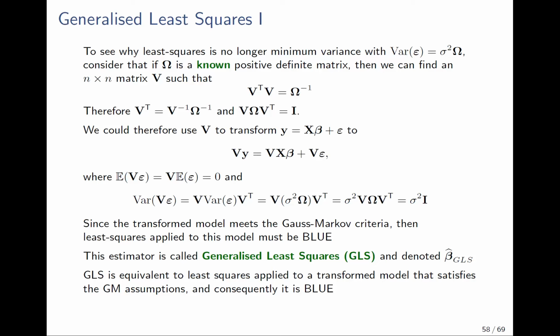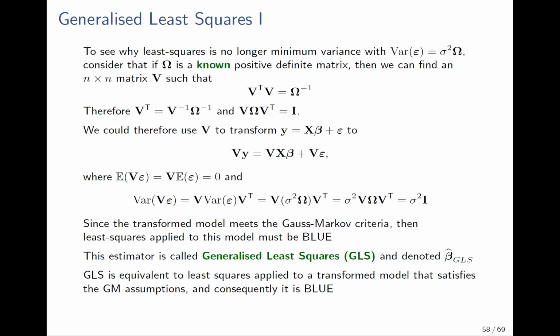And its variance is V times sigma squared omega times V transpose, which by construction equals sigma squared times the identity matrix. So this is the important point. The variance of the error term in the transformed model gets back to a variance that is spherical, and it does it through this little bit of algebra here.